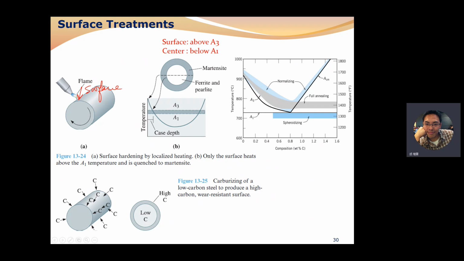For example, we want this shaft to have a certain specific case depth. Okay, this is what we want for hardening thickness here, and we call it case depth. So we have to heat treat by local heating, only the surface heated above the A1 temperature. Therefore this thickness or depth is called the case depth right here.